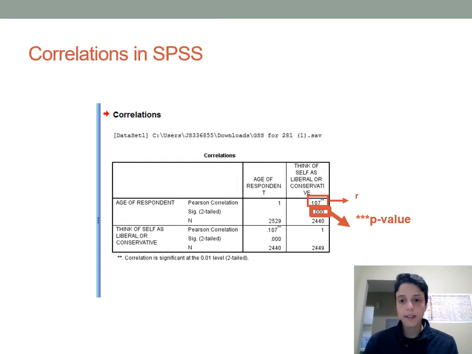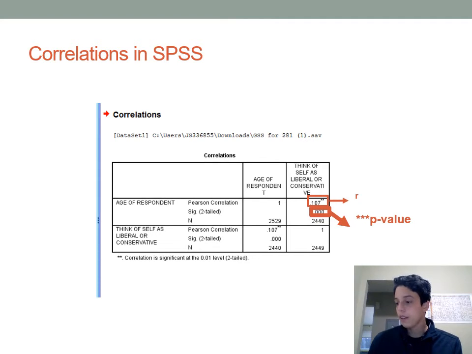And the p-value means that it's extremely unlikely that a correlation this big would come from a population where there was no correlation between age of respondent and conservatism. So you will notice that the correlation here of 0.107 is not that much bigger than the correlation that we had in the last example of 0.099. The difference, though, is the sample size.